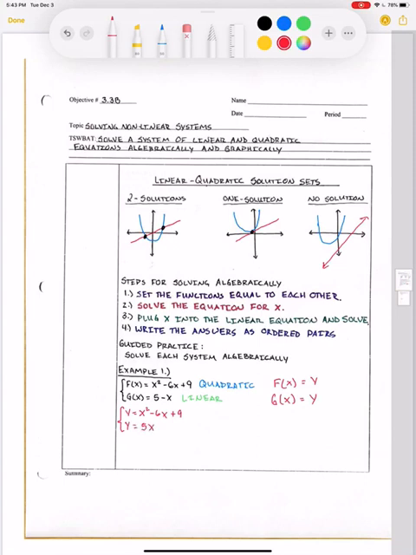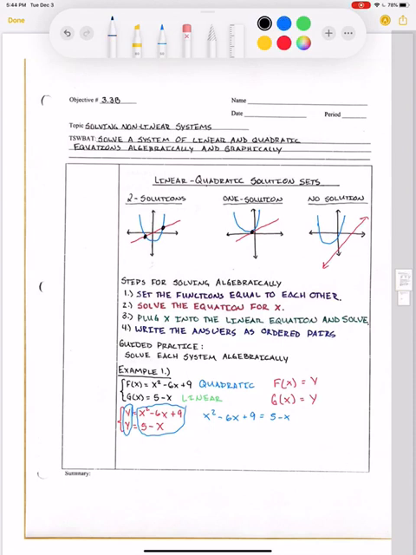Now, because both of these equations are equal to y, they both equal the same thing, which means they should equal each other. So I should be able to take this and say x squared minus 6x plus 9 equals 5 minus x. Sorry about that. And I should be able to solve for x.